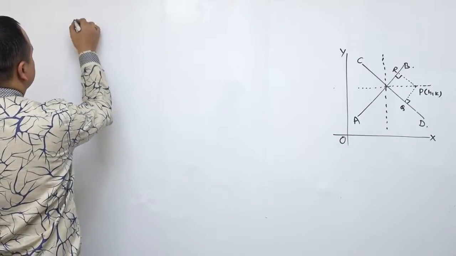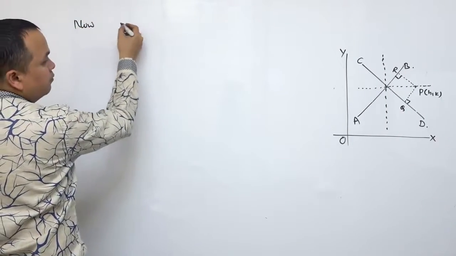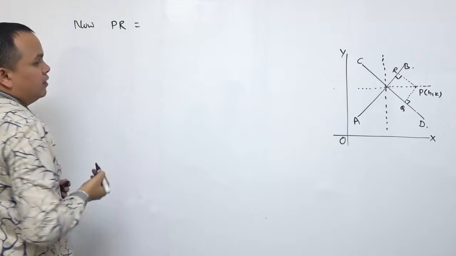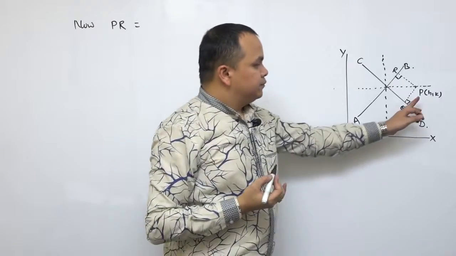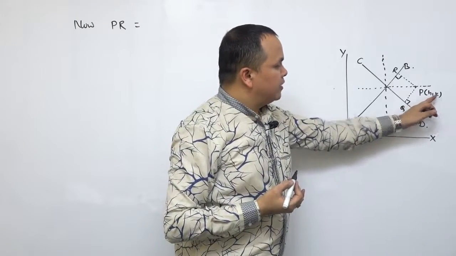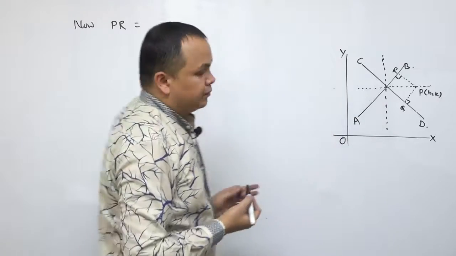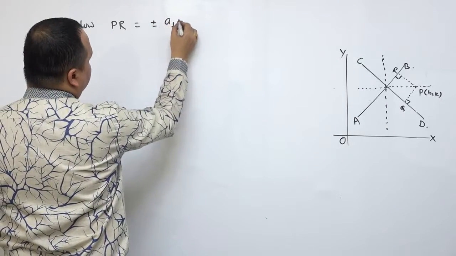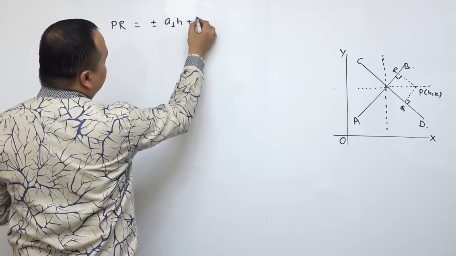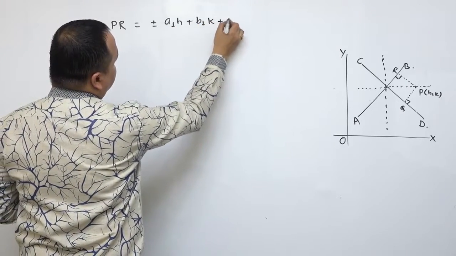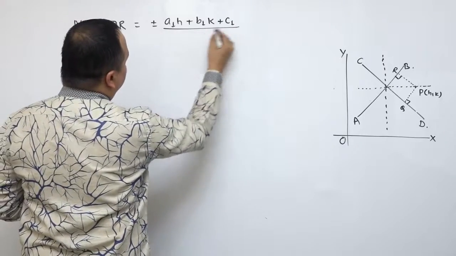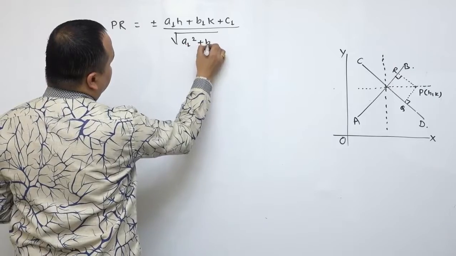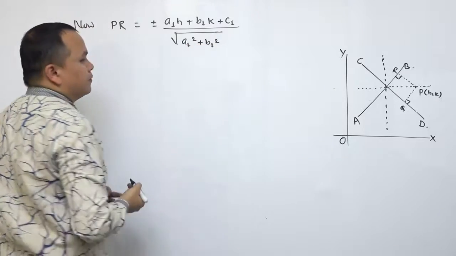Now PR is equal to the perpendicular from P(h, k) on the line AB, which is plus minus (A1h plus B1k plus C1) over root over A1 square plus B1 square.